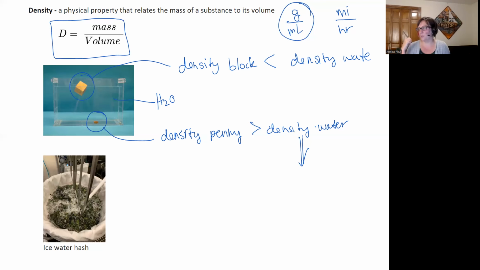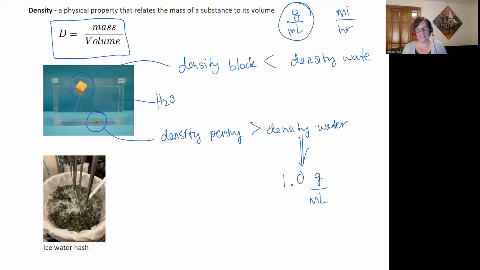If you've ever brewed beer, you know that you usually measure specific gravity before and after you ferment, and that allows you to calculate the amount of alcohol that has been generated. And that specific gravity, when we're doing that, we're really looking at the density of the liquid compared to the density of water. So the density of water at room temperature is about 1.0 gram per milliliter.